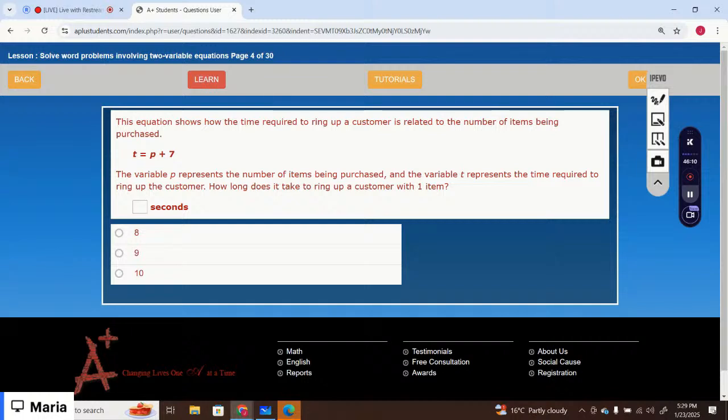This equation shows how the time required to ring up a customer is related to the number of items being purchased. T equals P plus 7. The variable P represents the number of items being purchased, and the variable T represents the time required to ring up the customer. How long does it take to ring up a customer with one item? So, which is the correct option?